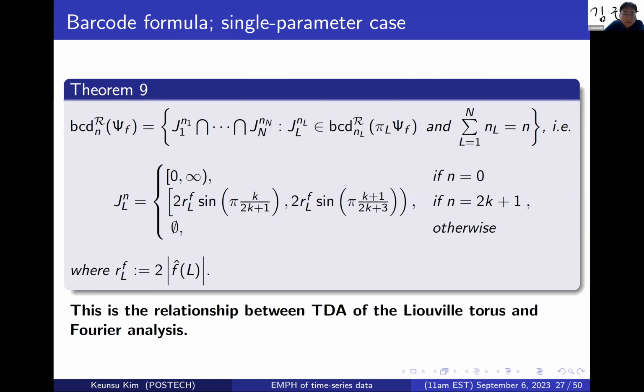So from these two lemmas, we get the barcode formula, the n-dimensional barcode formula of the Liouville torus under Rips filtration.